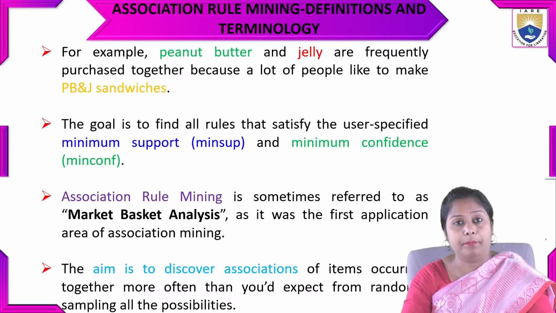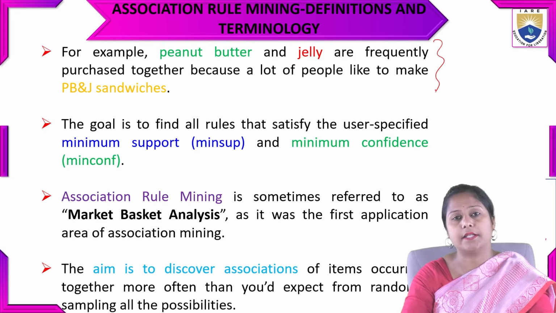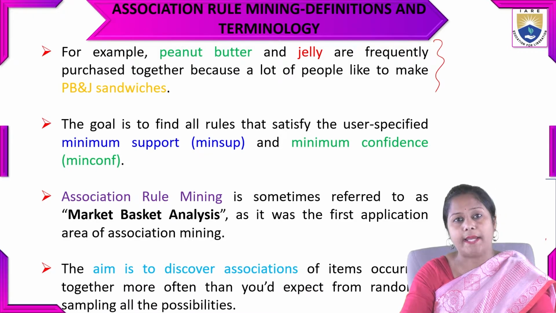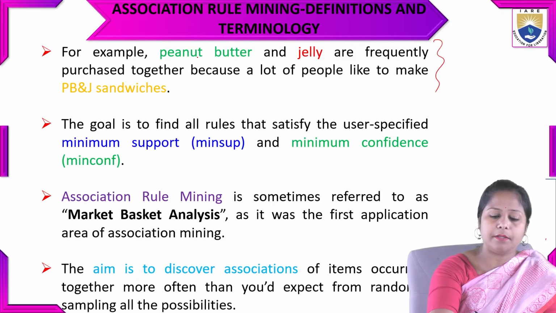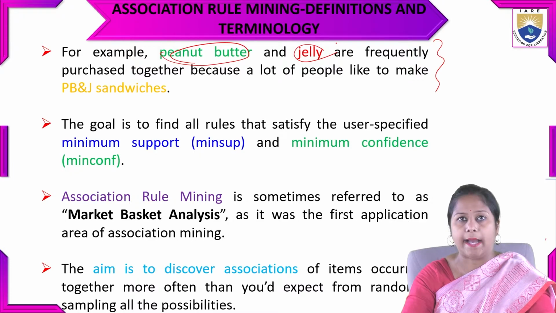For example, peanut butter and jelly are two items that are frequently purchased together. Why? Because a lot of people like to buy PB and J sandwiches. Those who buy sandwiches are also likely to purchase peanut butter as well as jelly with that item.